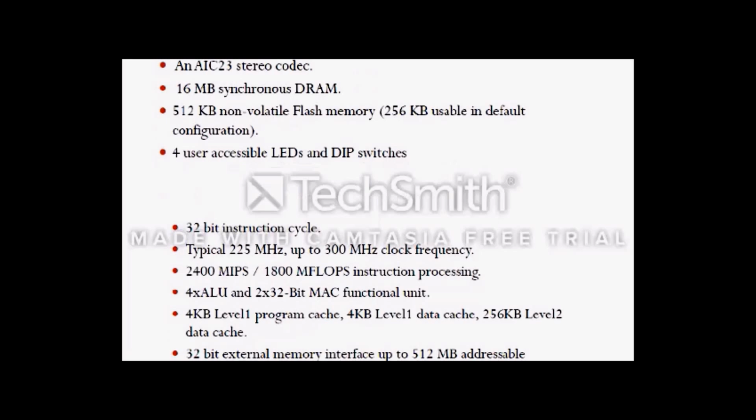As I mentioned, it's a 32-bit floating point processor, and typically it is 225 MHz, and clock can be extended to 300 MHz, and 2400 million instructions per second will be processed, and we have 4 ALUs and 2 32-bit MAC units used for computation.